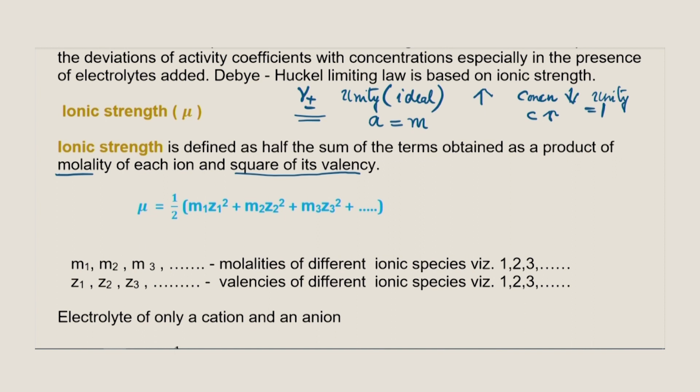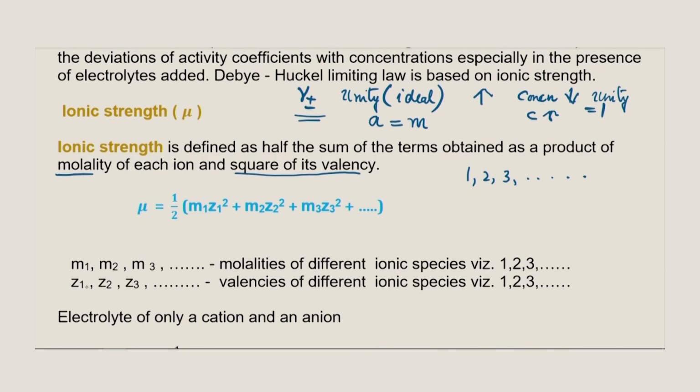If you have a number of constituents, that is, the electrolyte is a mixture of electrolytes, you have the constituents being 1, 2, 3, etc. We will consider the molalities being M1 for constituent 1, M2 for constituent 2, M3 for constituent 3 and so on. Similarly, Z1, Z2 and Z3 are the valencies of the different ionic species.